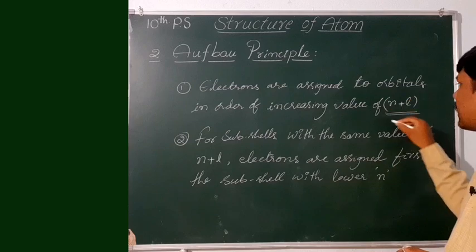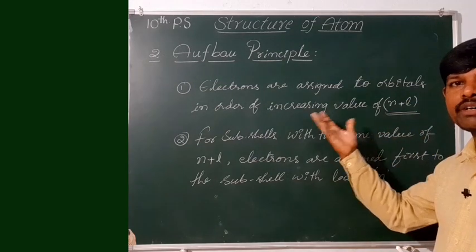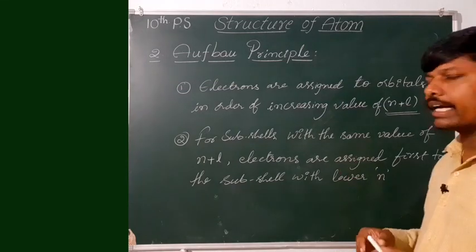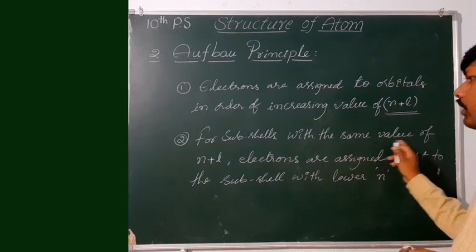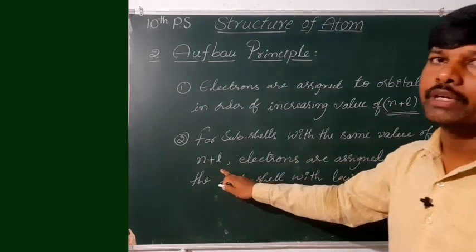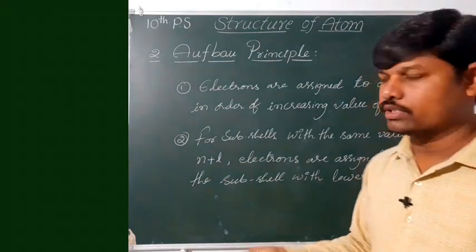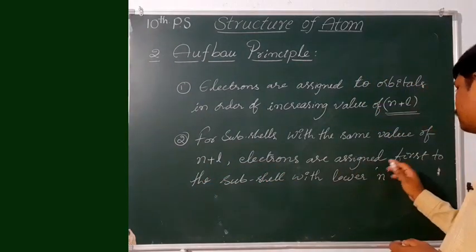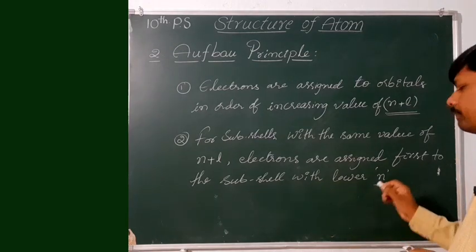The orbital with the lowest n plus L value will be occupied first. The second rule is for subshells with the same value of n plus L. If the n plus L value is the same, electrons are assigned first to the subshell with lower n value.